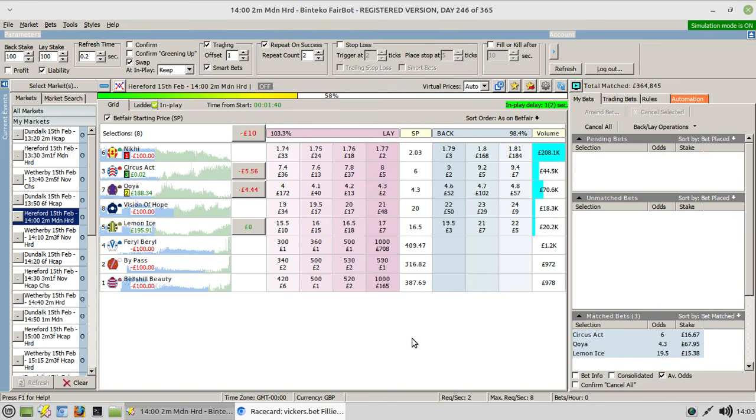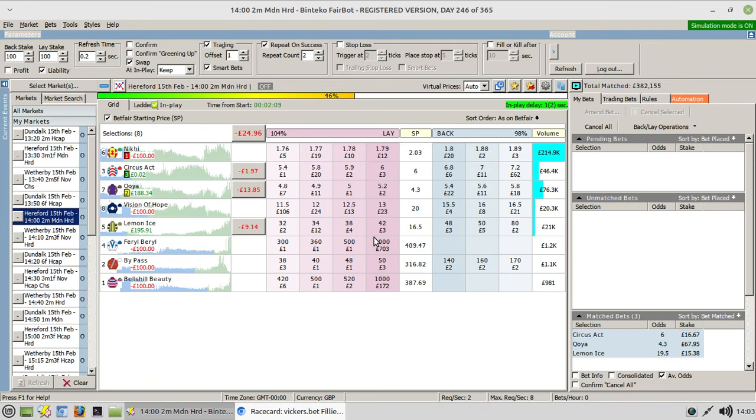But once we get past the 50% stage, you'll find that figure starting to increase or decrease depending on how you look at it. Okay, so it looks like we've lost it on Lemon Ice.